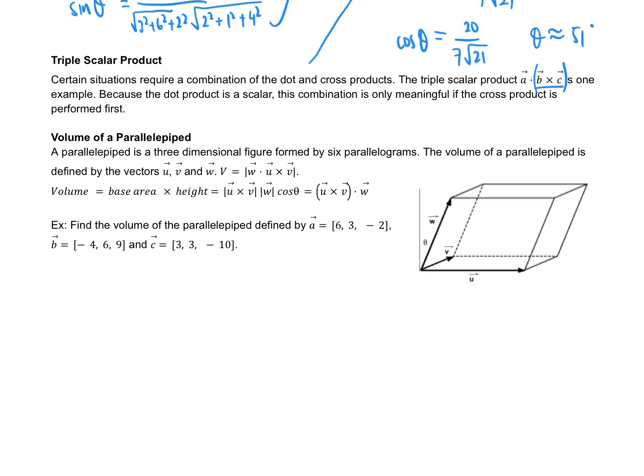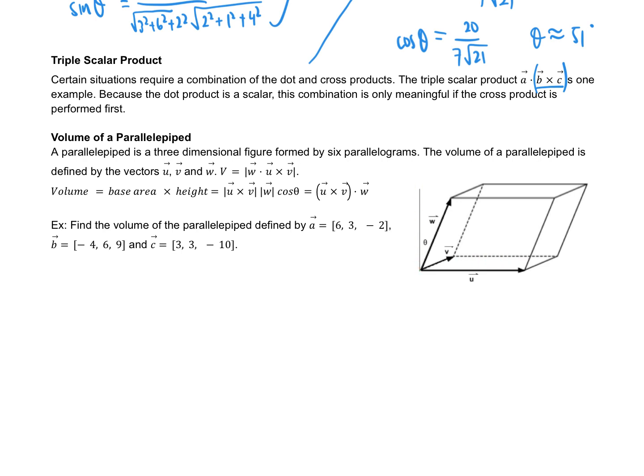The volume is going to require 3 vectors, and these are the 3 vectors that define your parallelepiped, and that would be vector u and v on the base, and then this diagonal vector w. And the volume is going to be the absolute value of that triple scalar product. Why is that the case? Well, the volume of the shape itself is going to be the area of the base times the height.